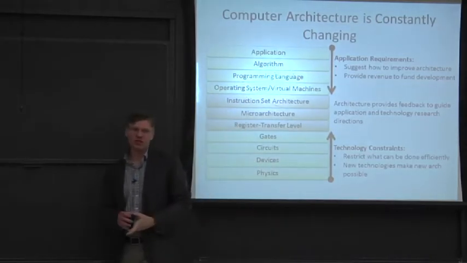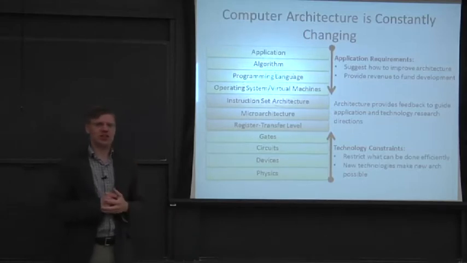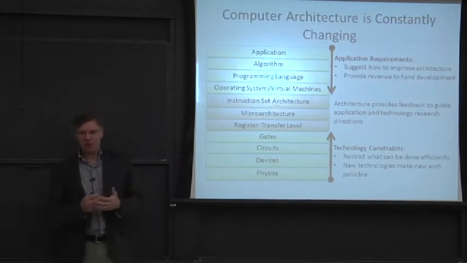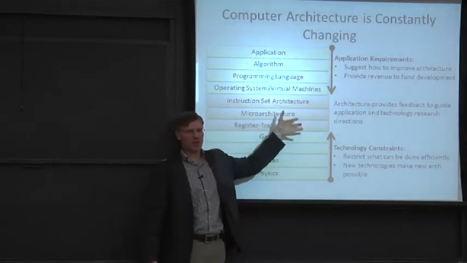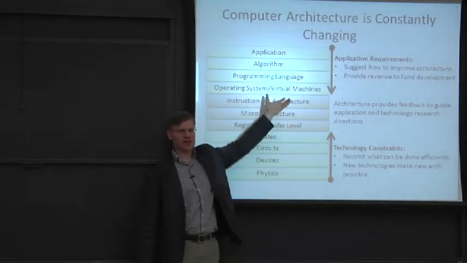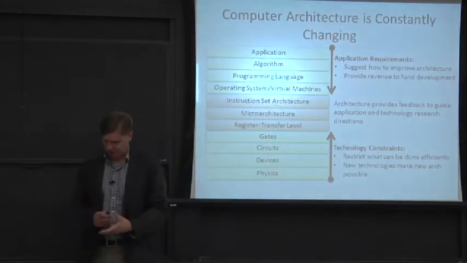So this is not all done in a vacuum. The computer architect actually sits in a very key location in this abstraction layer stack, because you can push up and push down, and you're not just forced to work with what you're given from the technology perspective. But that might take a few years.